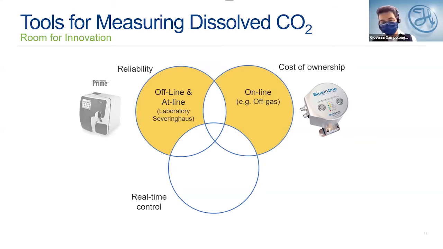Maybe in your bioreactor you say, but I do already measure CO2. Yes, you probably have an off-gas device that measures the off-gas from the headspace. And you can think, okay, then I can use these values and maybe I can do some mechanistic model, or some multivariate model, and then try to infer, try to calculate what the dissolved CO2 can be.